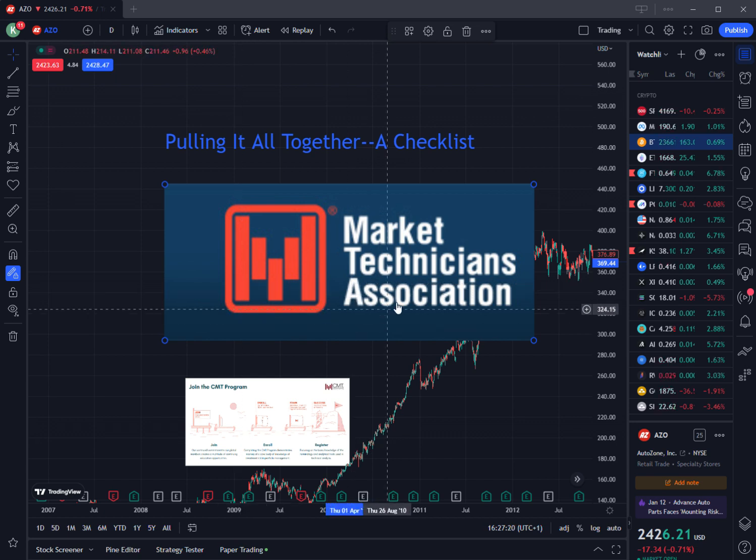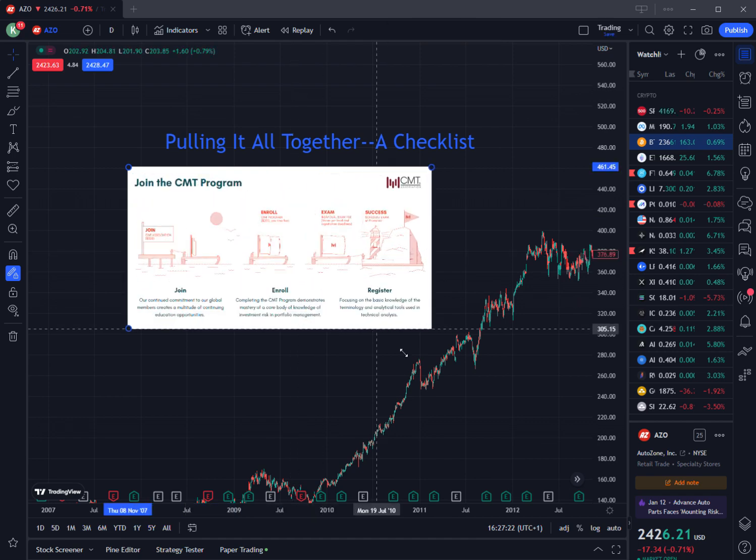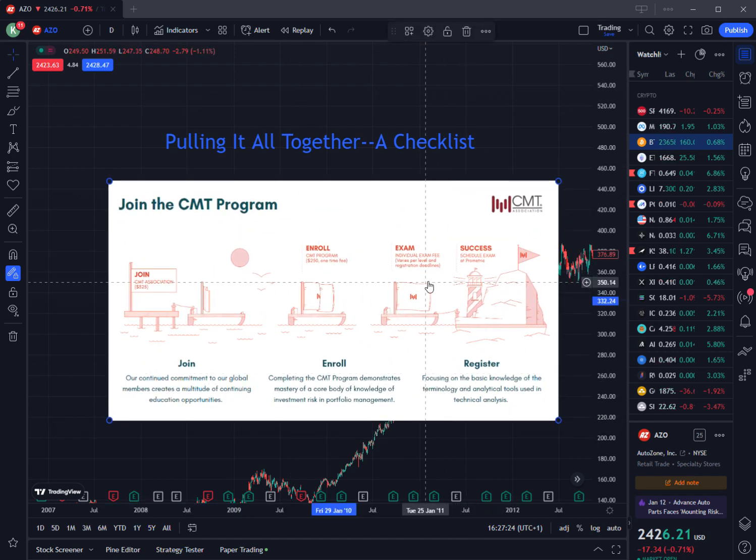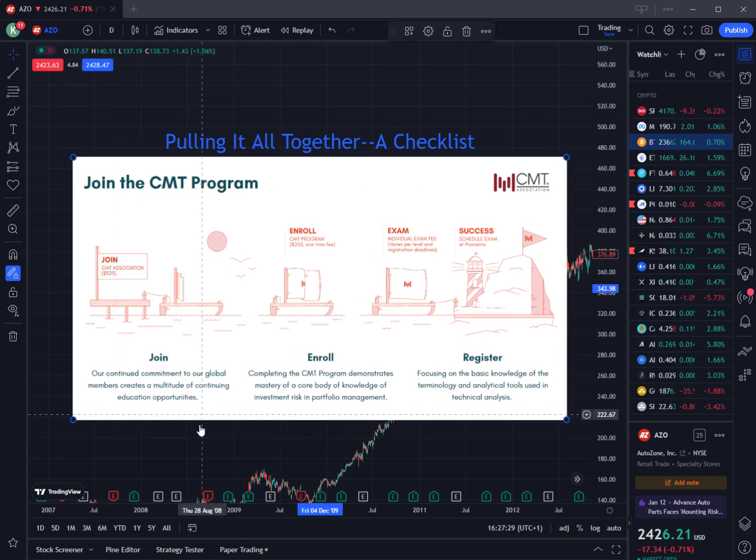But the thing is, it costs quite a lot of money actually. So I saw a lot of hate online because this is basically a program which you need to pay for. To join, you need to pay a certain amount. I think it's higher right now, but around 300, and to enroll in some kind of program, you need 250. And for one exam, for Chartered Market Technician, I think it was like 600.